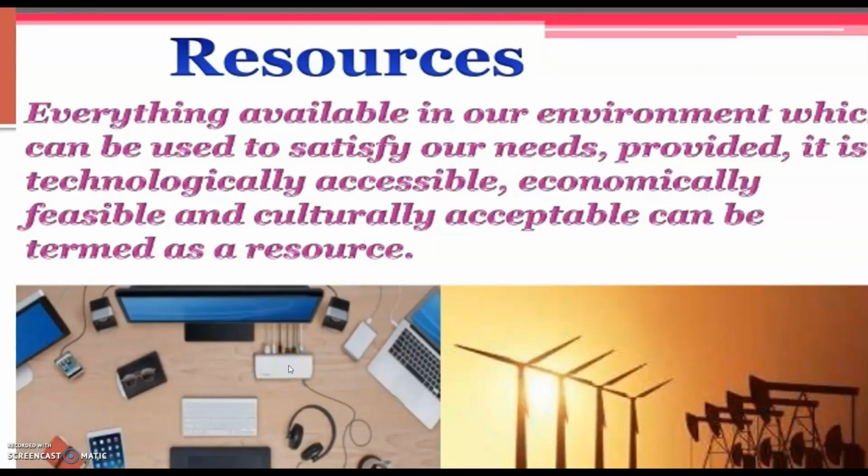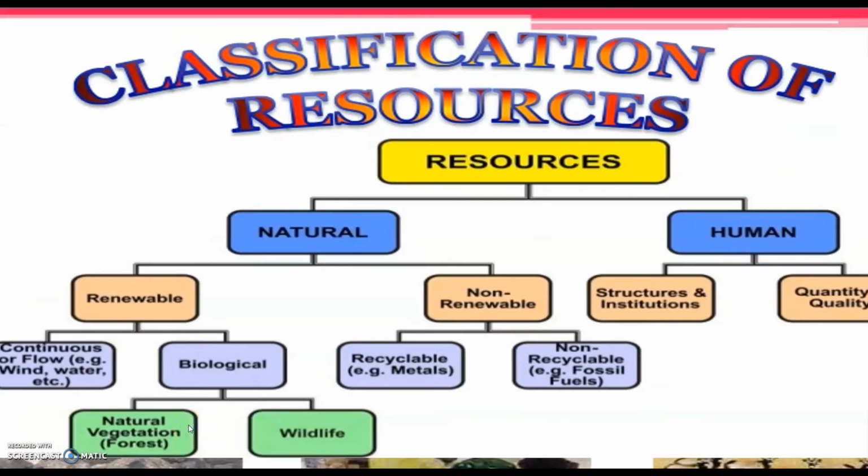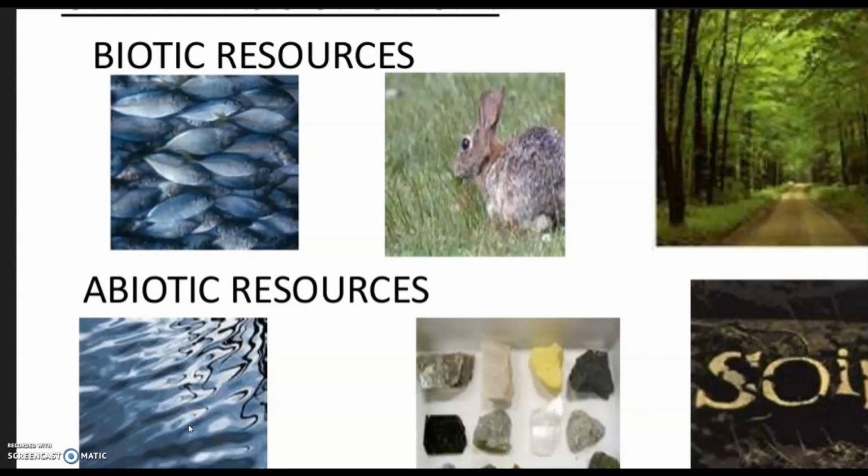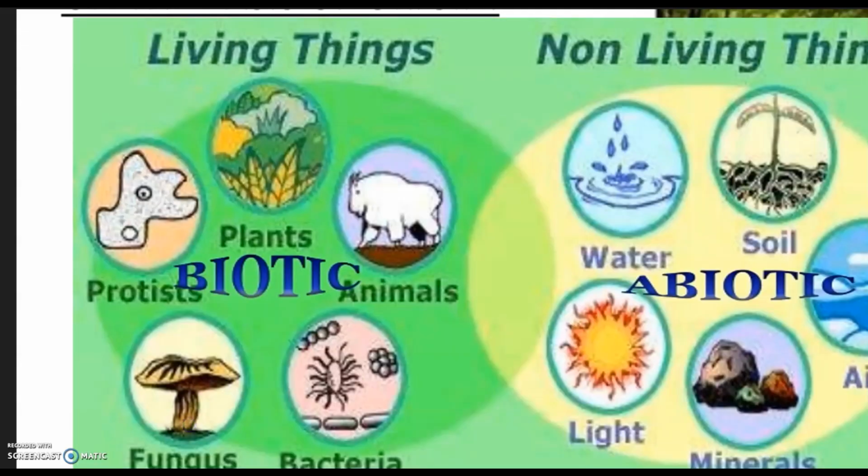So children, let us conclude today's topic by recollecting all the concepts. What do you mean by resources? Everything available in our environment which can be used to satisfy our needs, provided it is technologically accessible, economically feasible and culturally acceptable, can be termed as a resource. Then classification of resources: natural resources, on the basis of origin classified into biotic and abiotic resources.